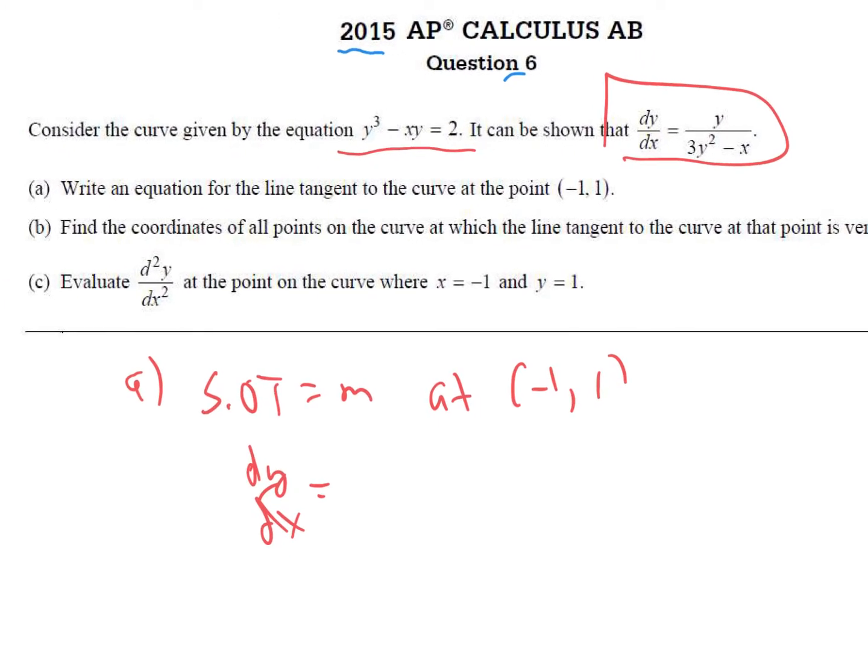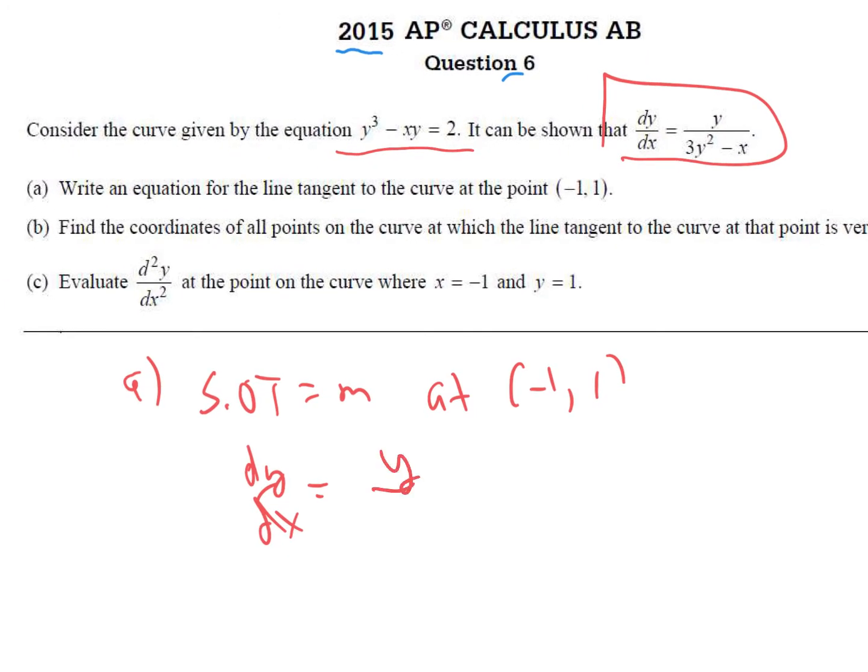No, it doesn't. y over 3y squared minus x, at the point negative 1, 1. I'll just put dy/dx. I should just say that, dy/dx, instead of making it complicated.